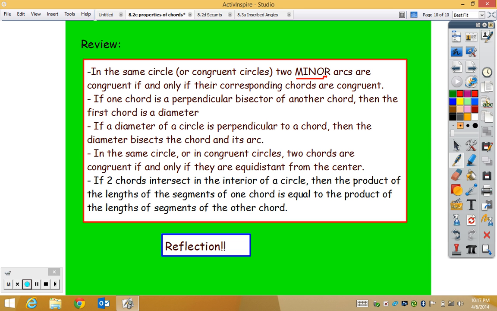In the same circle or congruent circles, two chords are congruent if and only if they're an equal distance from the center of the circle. And if two chords intersect in the interior of a circle, then the product of the lengths of the segments of one chord is equal to the product of the segments in the other.